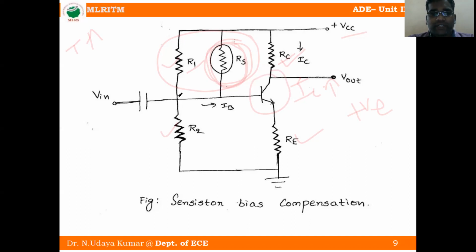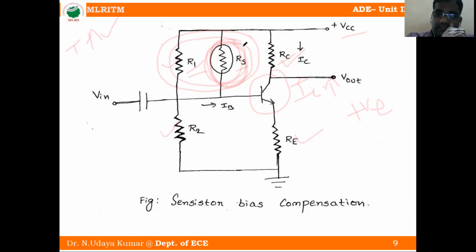Okay, I repeat. It is a sensistor bias compensation circuit. If temperature is increased, what happens? It is a positive temperature coefficient sensistor, so if temperature is increased, resistance is also increased. RS and R1 are in parallel, so the whole resistance is increased.